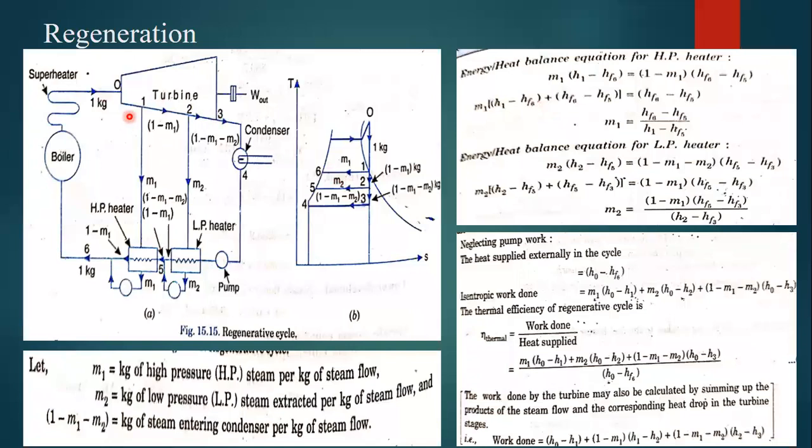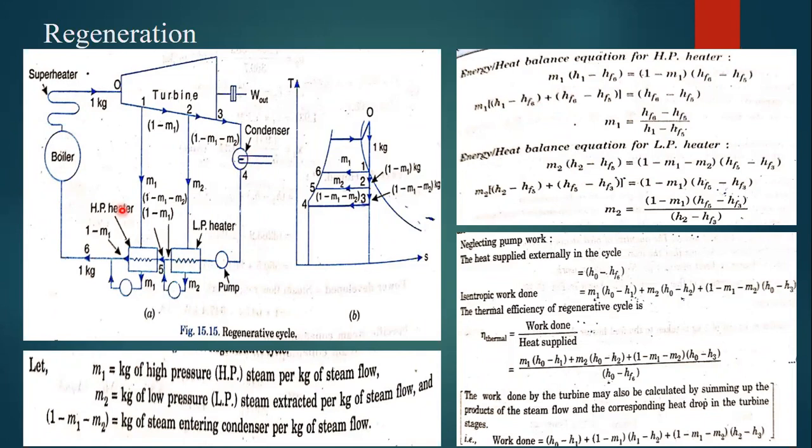In regeneration, we are going to use feed heaters. In the general procedure, the efficiency we get is going to be reduced. So by using some other process, either by adding heat at the boiler or by removing heat at the condenser, we can improve the efficiency.